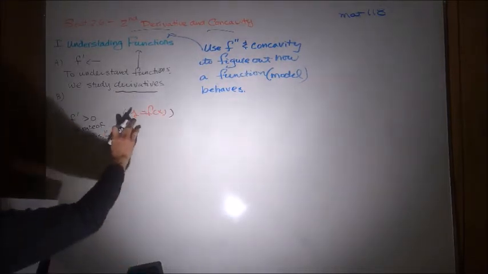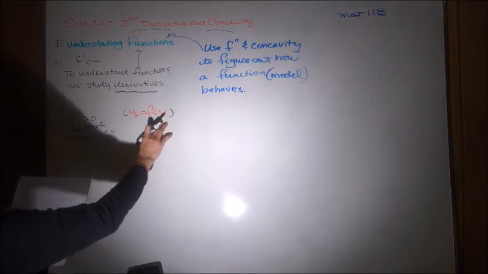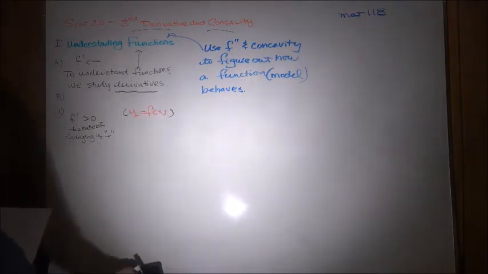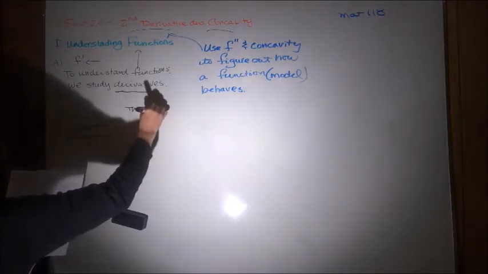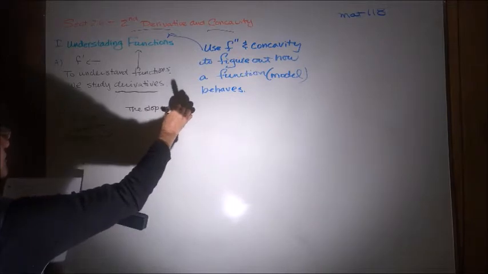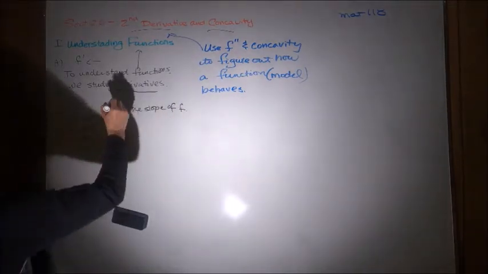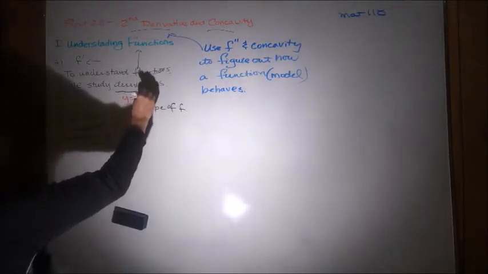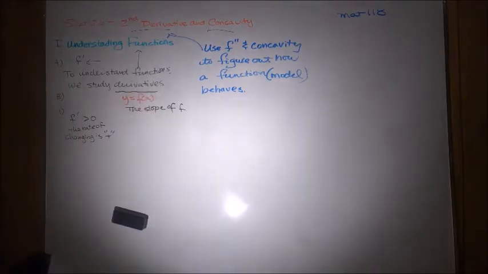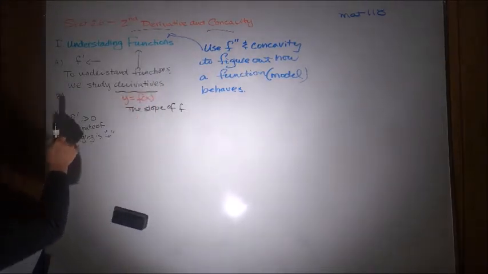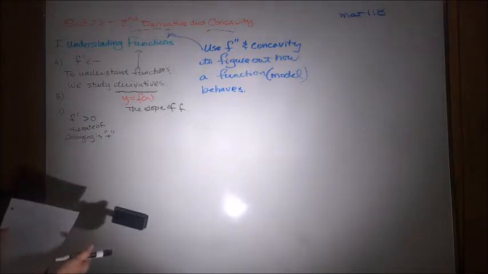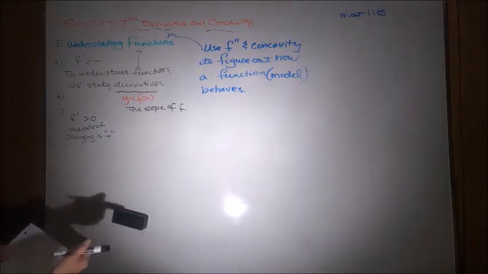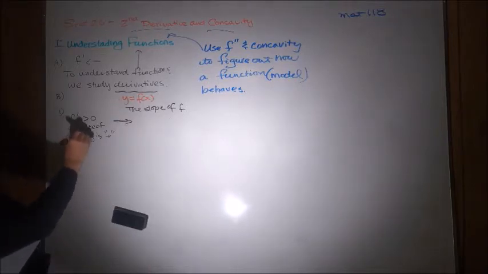Let's write it this way. The slope of f, right? So your y is f of x, right? The slope of f, if f prime is bigger than 0, that means what? The derivative is positive, right? It means what? The rate of change.